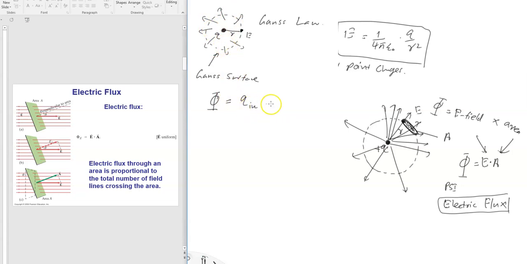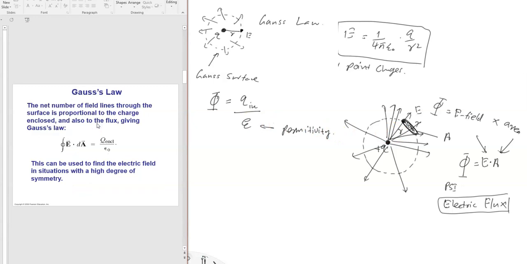So we can say charge inside divided by epsilon, the permittivity of the medium. We have mentioned this word before, permittivity of the medium. So that's what this slide says.